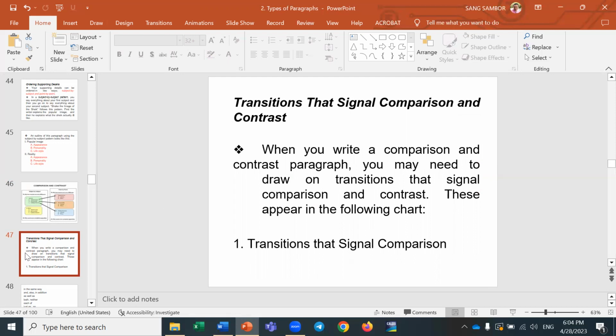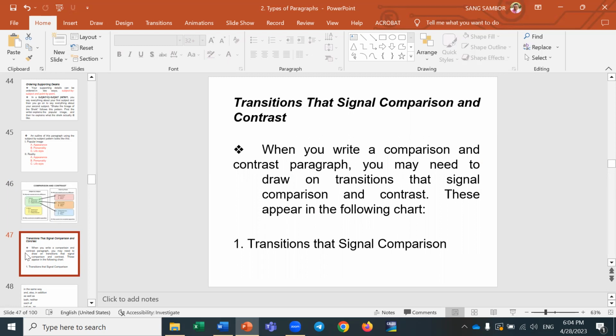Everyone, you might find it a little bit difficult to come up with ideas, whether you will include the similarities only, the differences only, or both the similarities and differences in your writing.